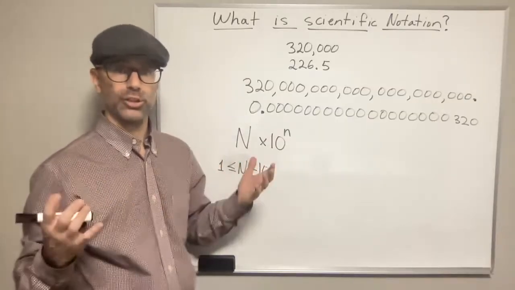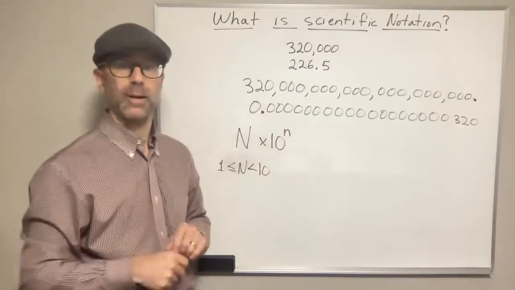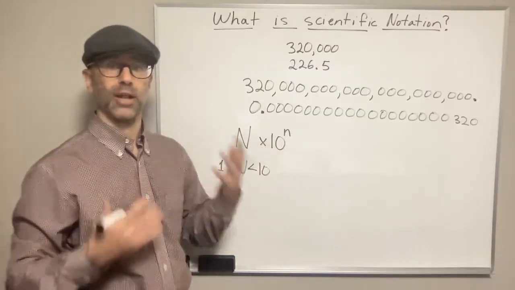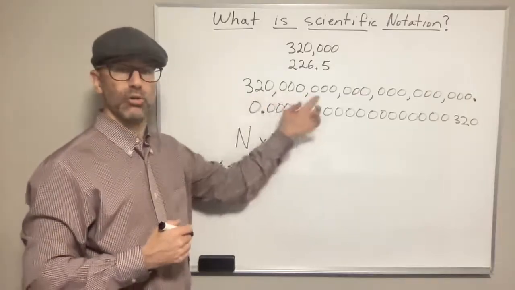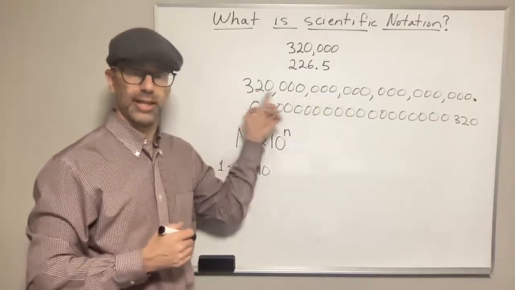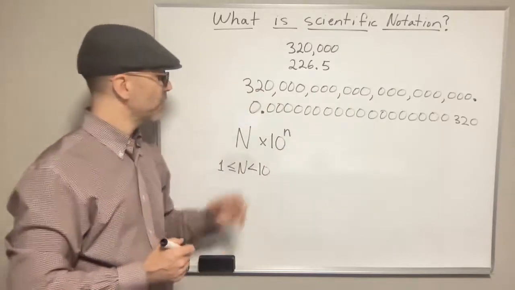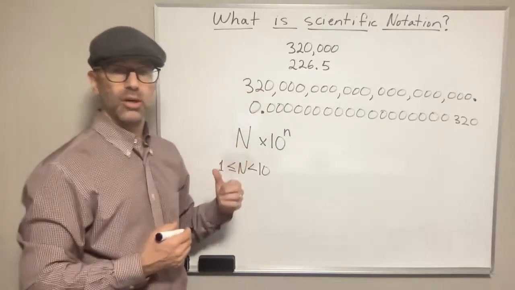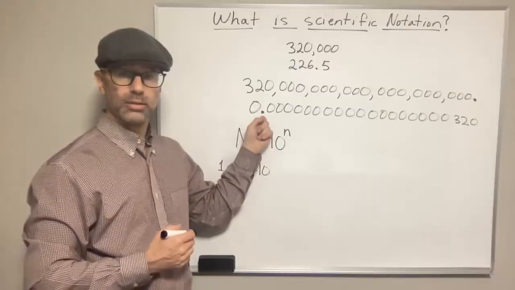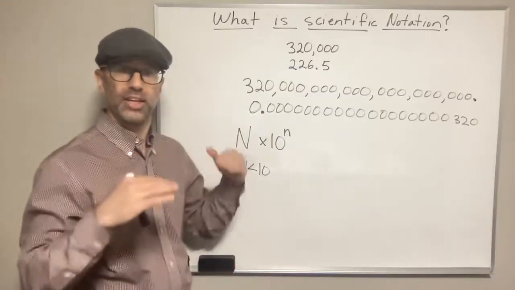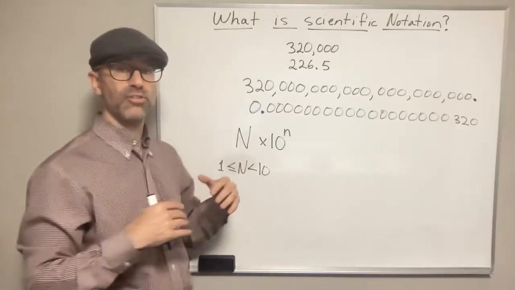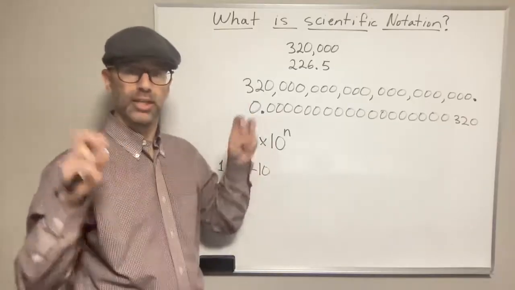Something larger than 1, but usually 10 or greater is what we're going to think about as large numbers. Or really small numbers, numbers less than 1, usually. So if it's a number less than 1, that's what we're thinking small numbers, and numbers 10 or greater, that's what we're thinking large numbers.